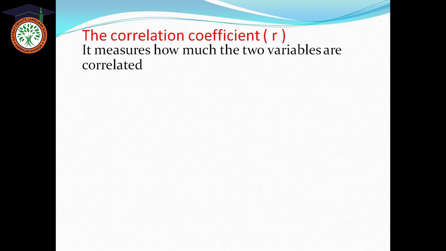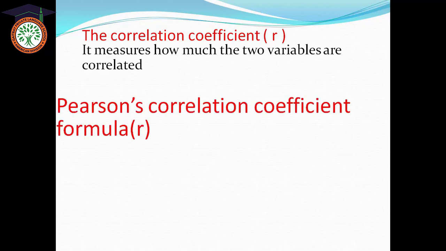The main topic in our lesson, the correlation coefficient, R. It measures how much the two variables are correlated. To calculate the correlation coefficient, we're gonna use Pearson's correlation coefficient formula.